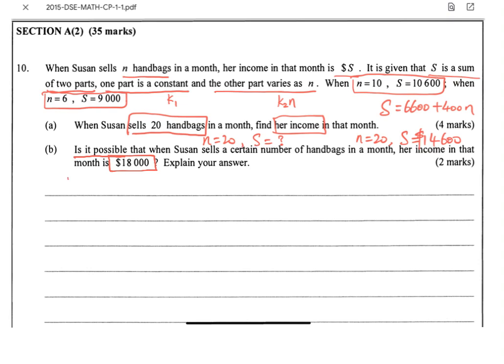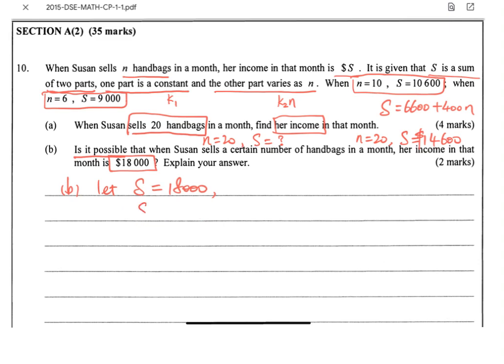Okay, so let's see. For part B, we can let S equal to $18,000. So we try to see whether we can get the value of n. Let me write down the relationship for S and n.